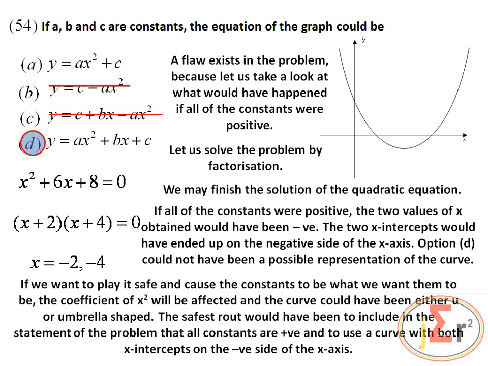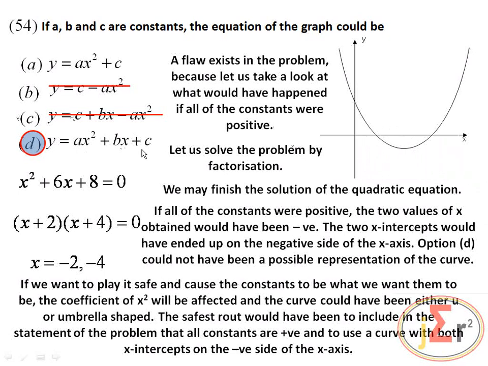So we need to fix the sign of the constants. If we fix all of them as positive, then no problem. But this curve would have to cross the x-axis on the negative side on both occasions, so we would have the two x-intercepts on the negative side.